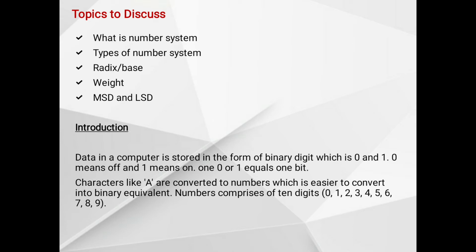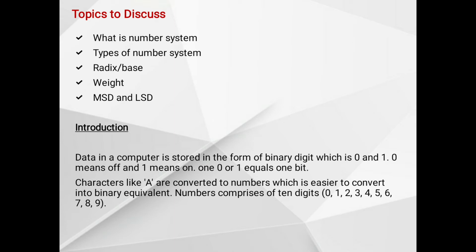Characters are converted too. On your keyboard you have lots of symbols other than the numbers ranging from 0 to 9: you have semicolon, comma, and the alphabets, like small letter a.